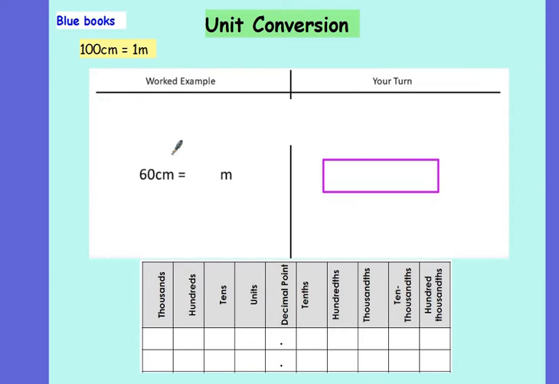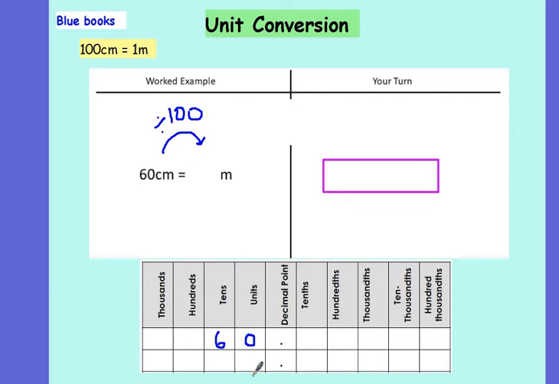So how about if we're going the other way? So dark blue books, I'll do an example and then you write down an example in your books. We still know that 100 centimetres is 1 metre. So what's 60 centimetres in metres? Here we are at 60. If 100 centimetres is 1 metre, to go from centimetres to metres, we need to divide by 100.